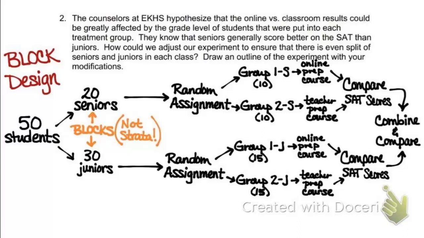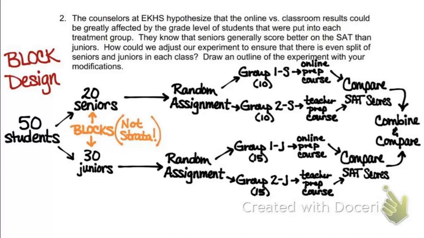All right. Let's look at that third question now. It says the counselors are now worried that a student's GPA is certainly going to affect their SAT score. So even in this randomized block design, would it be possible that I get the top 10 seniors in my online prep course and seniors that are not in my top 10 in the teacher-led prep course?